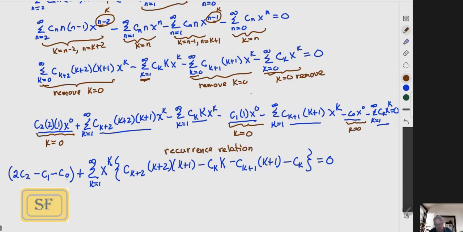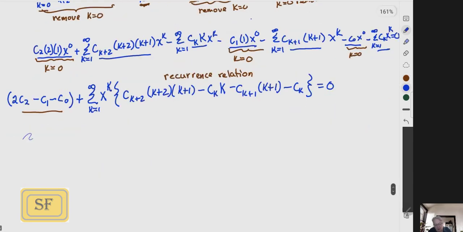And actually these terms in front also give you part of the recurrence relation because they give you a relationship between the c's, between the coefficients of the power series. So because everything is equal to 0, we know that 2c2 minus c1 minus c0 is equal to 0.